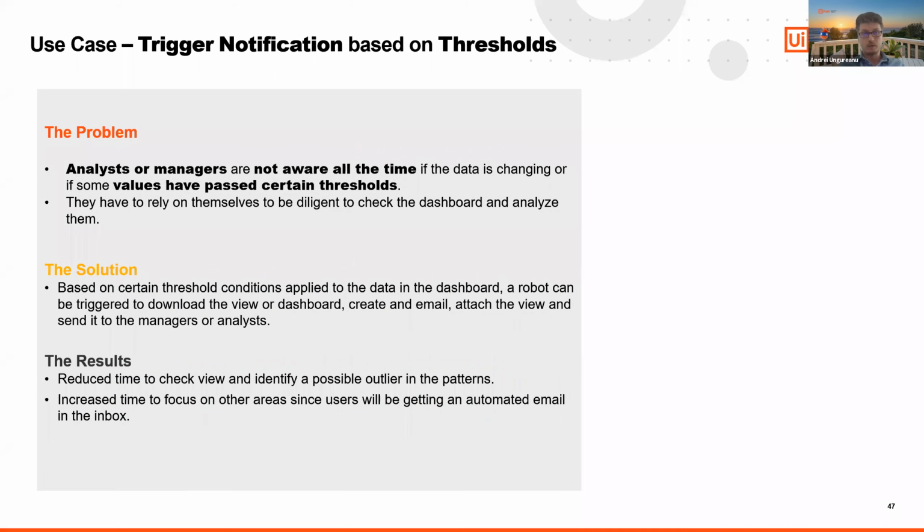This can be cumbersome at times, and the solution would be to have robots sitting in the background, scanning Tableau from time to time, and then generating a set of snapshots and sending them via email. And this would translate into reduced time. It would be a reduced time to check the view, and increased time to focus on other areas that the user needs to focus on.